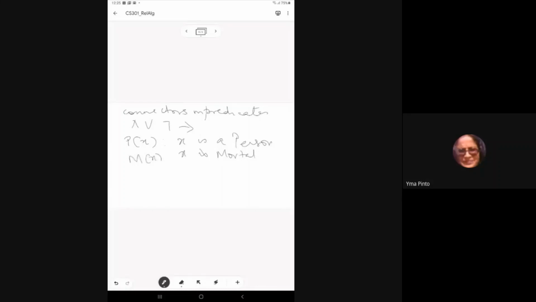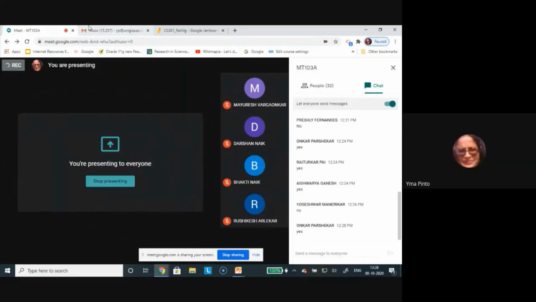What does p(x) implies m(x) mean? How do I interpret this statement in English? This would tell me all men are mortal, because it means if x is a person, then it implies that x is mortal. That's how I would interpret the statement. Okay, so audible and visible. So let's carry on.